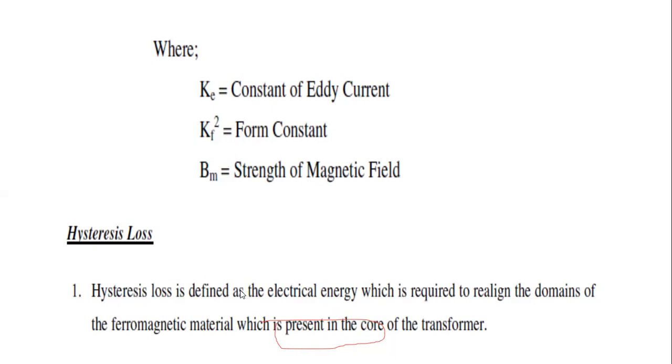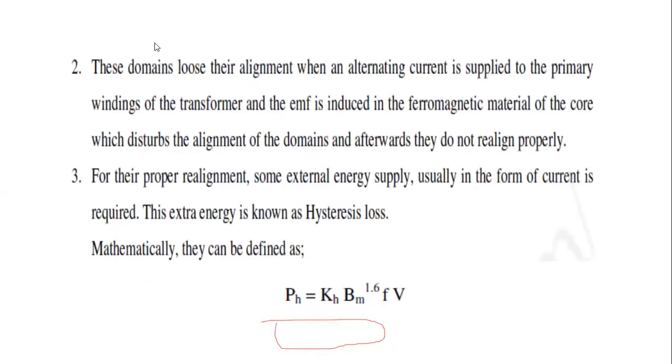Next, coming to the hysteresis losses. The hysteresis loss is defined as the electrical energy which is required to rearrange the domains of the ferromagnetic materials. When alternating current is supplied to the primary winding of the transformer, an EMF is induced in the core.